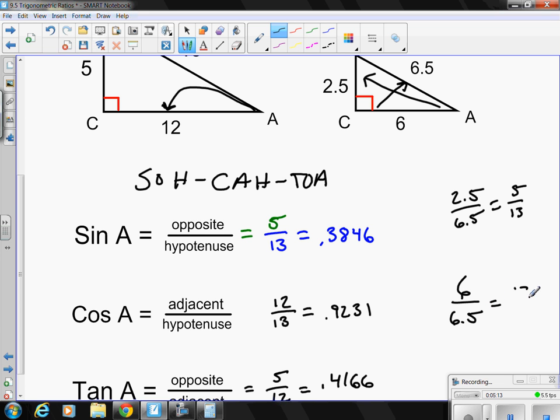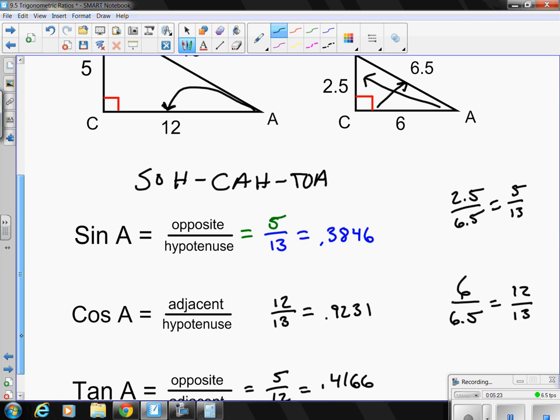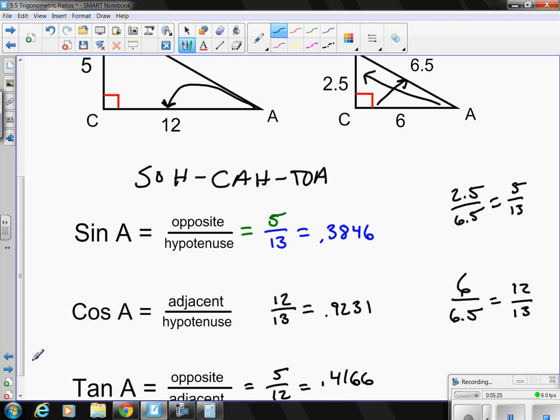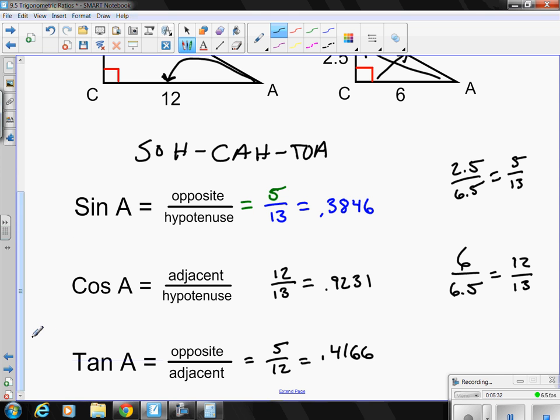If we double that, that's 12 over 13. That's going to be the same. And you already know the tangent is going to be the same. The tangent is opposite over adjacent, 2.5 over 6, opposite angle A over the adjacent. Double it, you get 5 over 12.